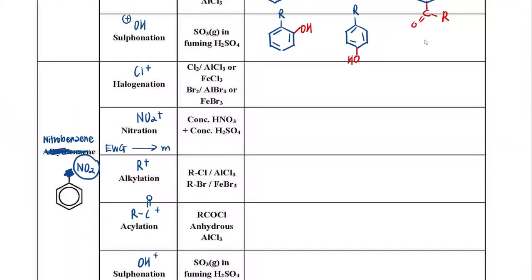So at this moment, this one is NO2. Since this NO2 is EWG, your electrophile will be attracted to the meta position. So this is meta. This one Cl.